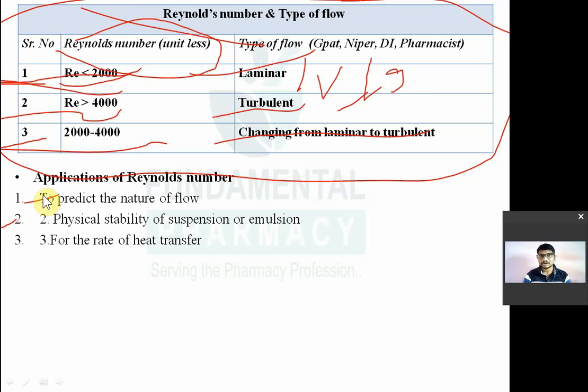When Reynolds number is applied for Stokes, you can get some idea regarding the physical stability of suspension and emulsion. Okay, तो उसके लिए भी यूज हुए. Then for calculating the rate of heat transfer. So these are the applications of Reynolds number: predict the type of flow, physical stability of suspension and emulsion, and heat transfer.